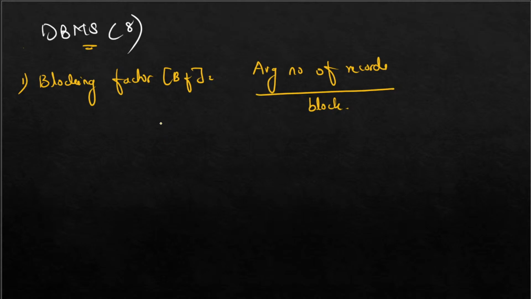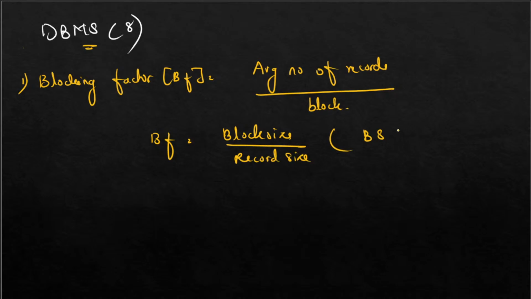Okay? So BF, blocking factor, is equal to block size by record size, where block size is greater than record size. Okay?